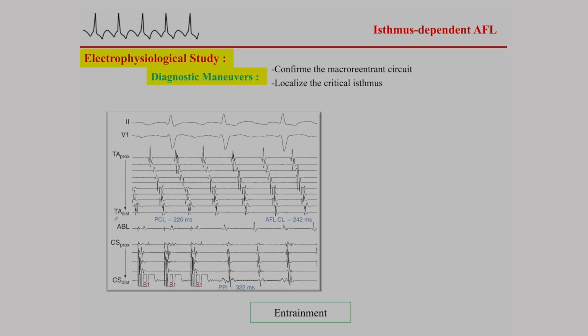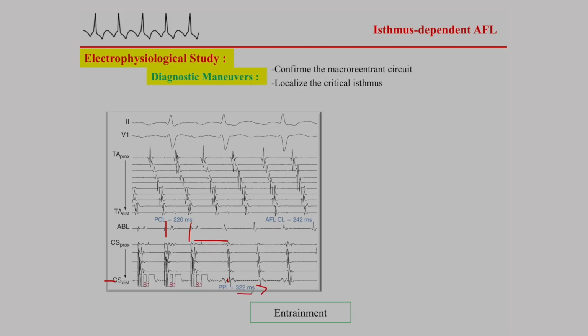The second pacing was from the distal CS. We pace from the distal CS, and as you see, we are capturing the atrium, and after that, we measure the PPI. We see that the PPI is more than 30 milliseconds.